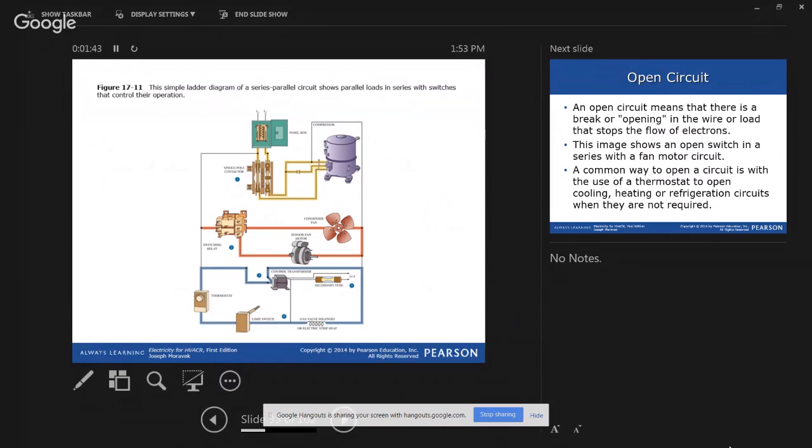But what it's showing here that definitely is in parallel is the condenser fan and the indoor fan motor with that contactor there, that contactor being the thing that pulls in the switch. Yes, my friend. Where's the series circuit on there?